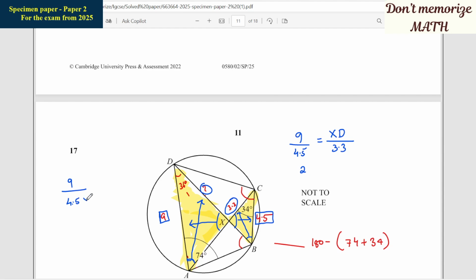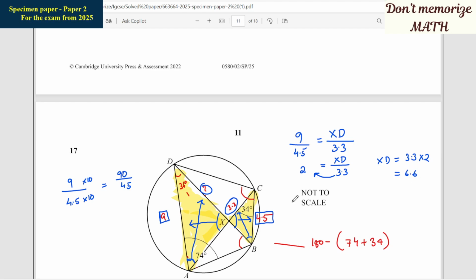Otherwise, multiply by 10, the same method, and you will get 90 over 45. Double of 45 is 90, so you will get 2 here. Then 2 equals XD over 3.3. Move this 3.3 to the left side, so you get XD equal to 3.3 times 2, that is 6.6.